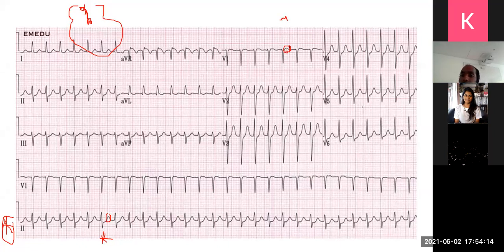Right, so this is the retrograde P. Obviously you will not see this easily. So that small notch here is the retrograde P.